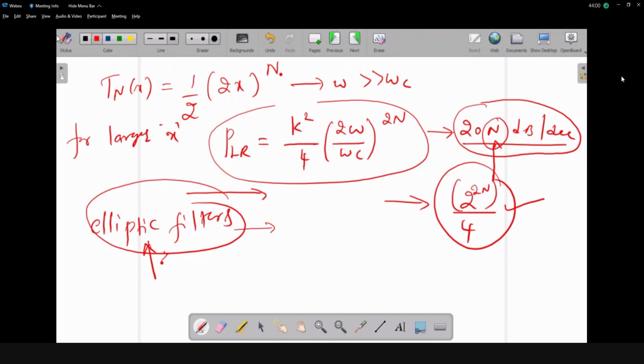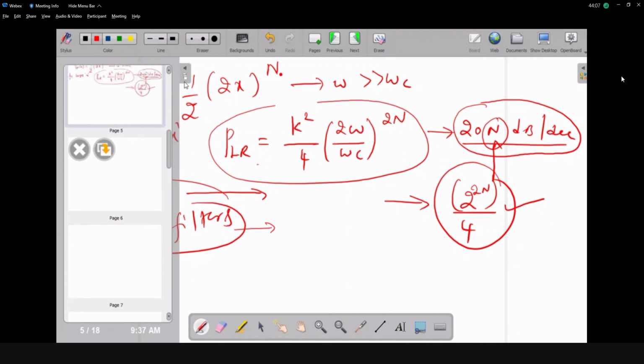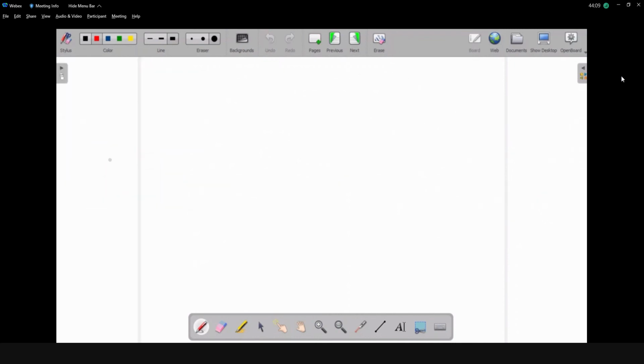So next we'll come to the linear phase filter, which I've discussed in the earlier class also. What is this linear phase filter? Till now, the filters we discussed specify the amplitude response, but we did not concentrate on the phase response.